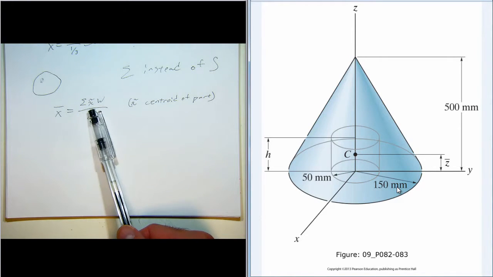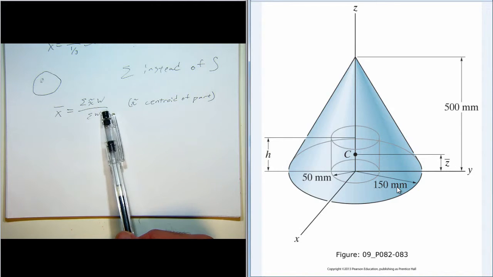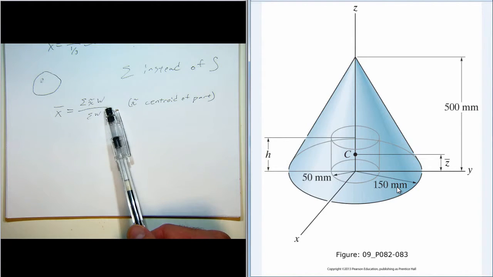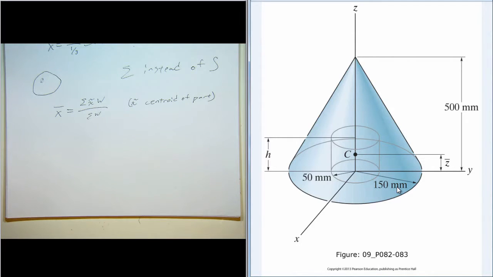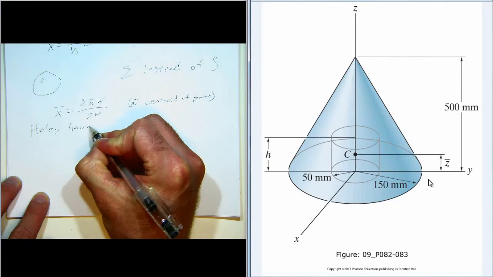So in this summation we'd have z tilde and w for the cone, and then minus z tilde and w for the cylinder cutout.